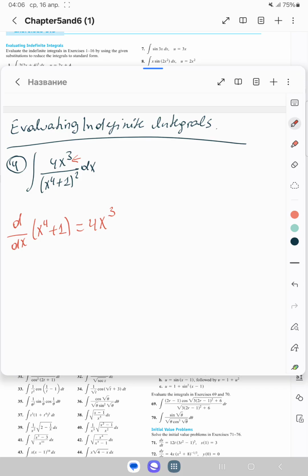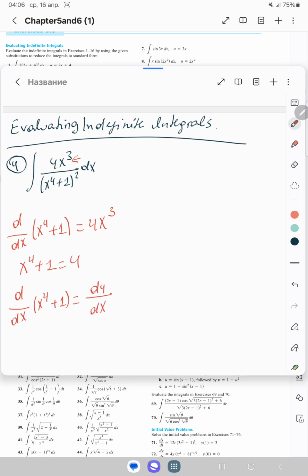Və mən deyirəm ki, biz x to the power of 4 plus 1-a u deyə bilərik. Yes. Və əgər hər tərəfin derivativini tapsam, meaning d over dx x to the power of 4 plus 1 equals d over dx u.